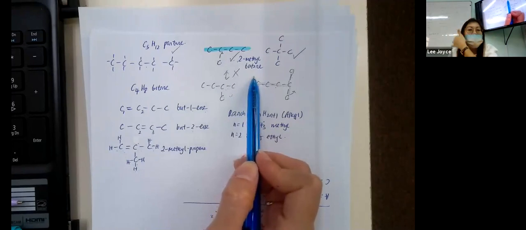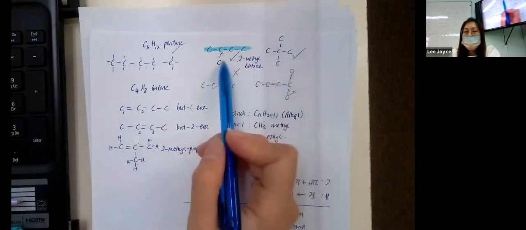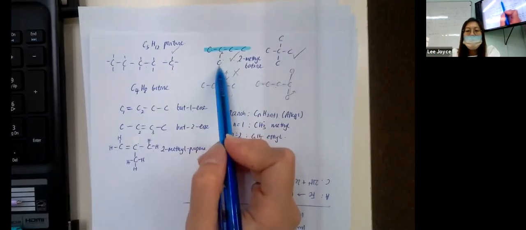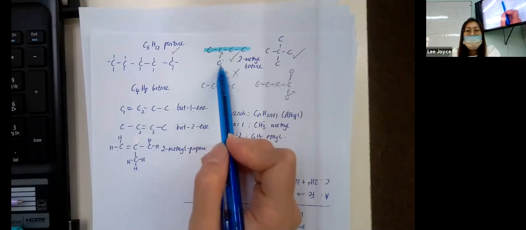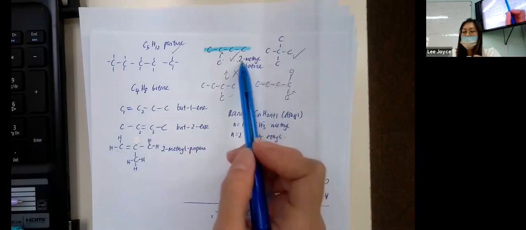Since they are all C-C single bonds, it belongs to the alkane family, so it is called butane. Then watch out for the branch. There's only one branch here, made up of 1 carbon atom, so it is an alkyl, a methyl. And because this branch is on the second carbon, we put a numbering for it, so it's called 2-methylbutane.